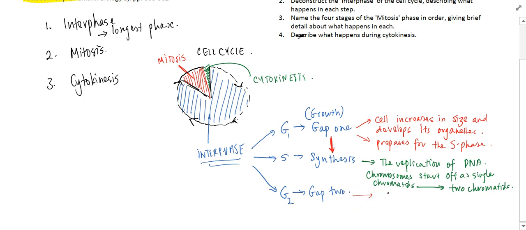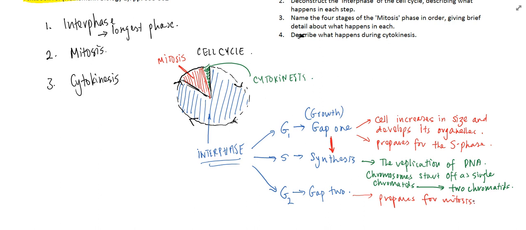So gap 2, yes, it has some of the typical growth things, like the cell increases in size and replicates its organelles, but it prepares for mitosis. And the way that it prepares for mitosis is that it develops some of the cellular machinery that is required for mitosis to occur.